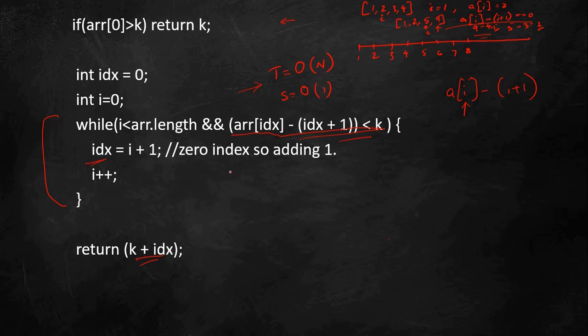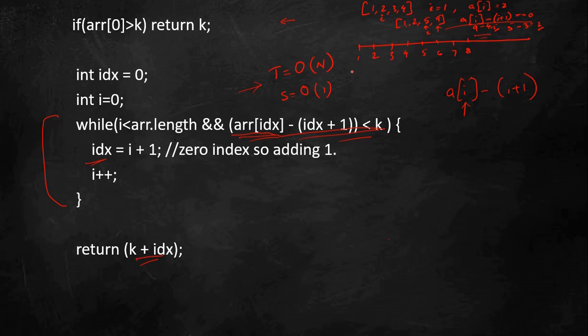Now how can we improve this O of n time complexity, given that the array is sorted? Since the array is sorted, we don't need to go over each and every element. We can use binary search, divide the array and check this particular condition, where the difference between the index value and the index plus 1 value is less than k, and then we can use that value to add to k.